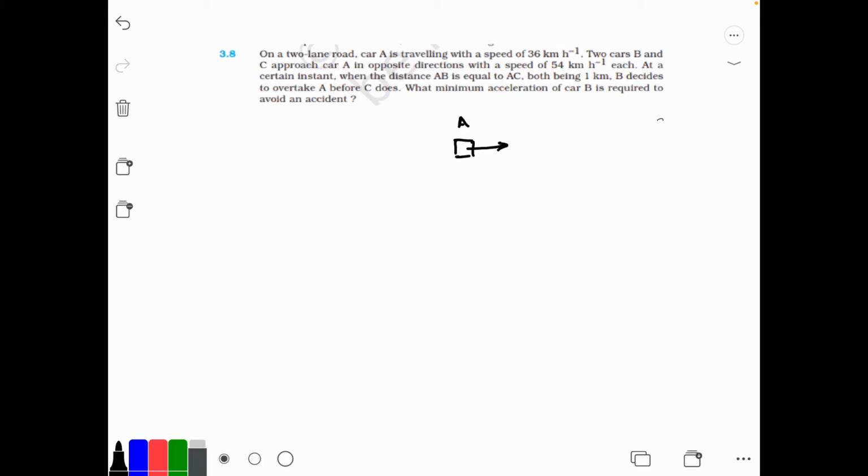If I convert this 36 km per hour into meter per second, it will be 36 into 5 by 18, so this will be 10 meter per second. So this is moving with 10 meter per second, and this car is C.